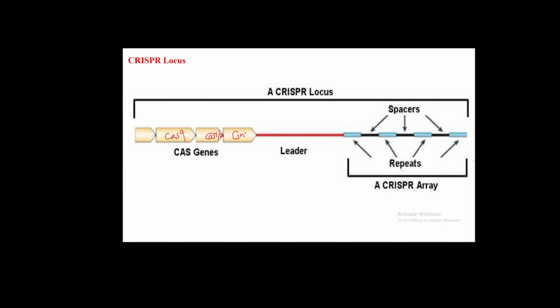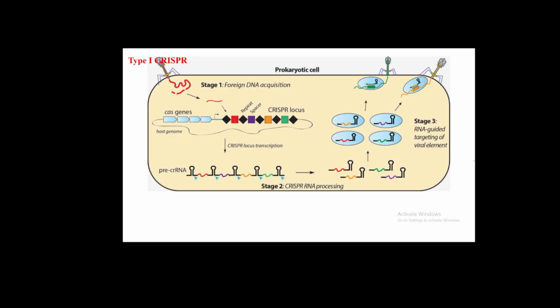Now, on the basis of whether Cas is made up of one subunit or multiple subunits, CRISPR is basically divided into mainly two types. One is type 1 CRISPR, and another one is type 2 CRISPR. So in type 1 CRISPR, what happened?